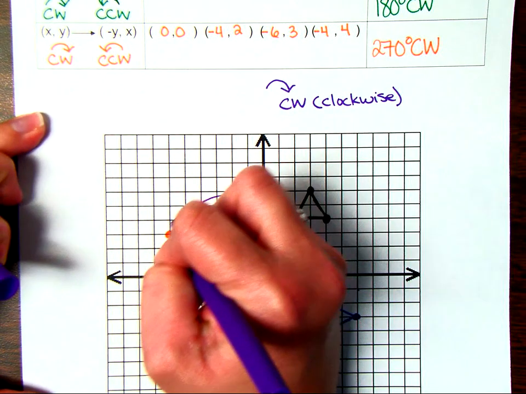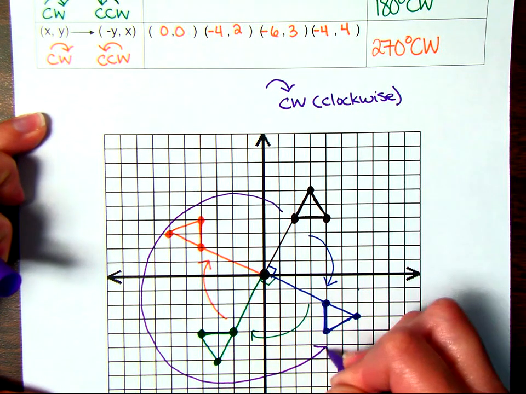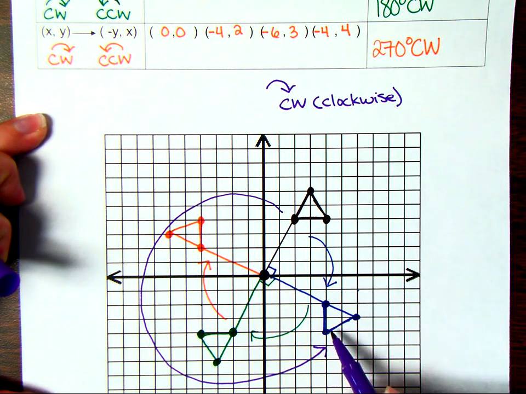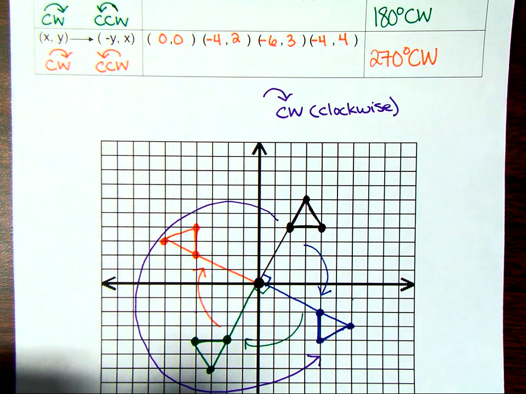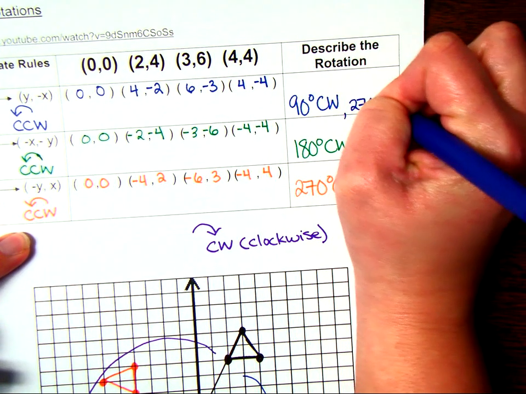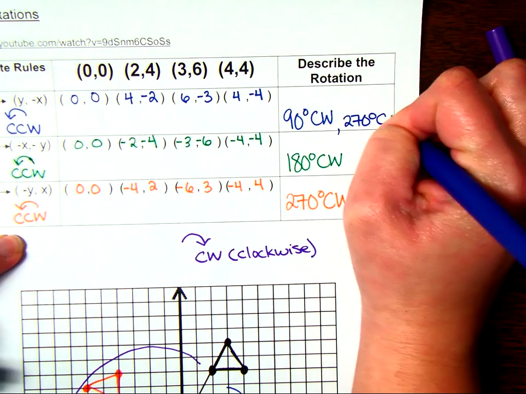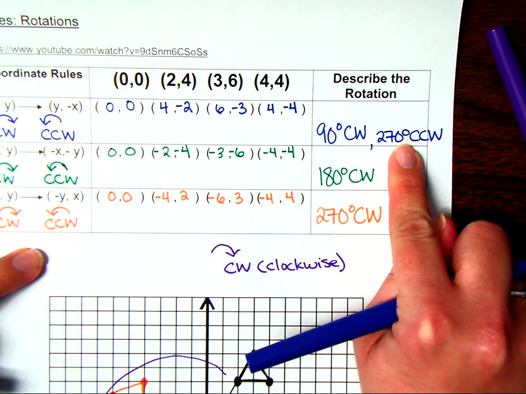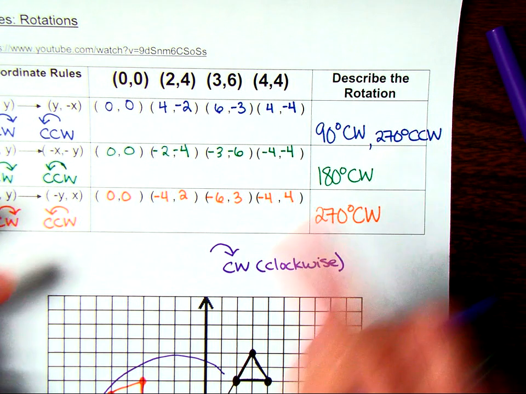So if I went 3 times right there, well, 90 plus 90 plus 90, or 90 times 3, is 270 degrees counterclockwise. So the rules for 90 degrees clockwise are the same as 270 degrees counterclockwise.